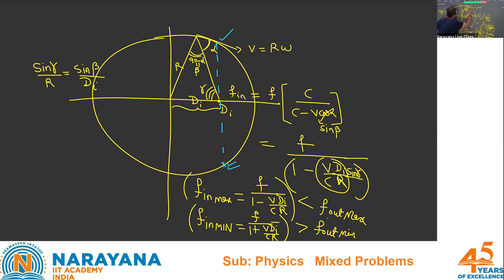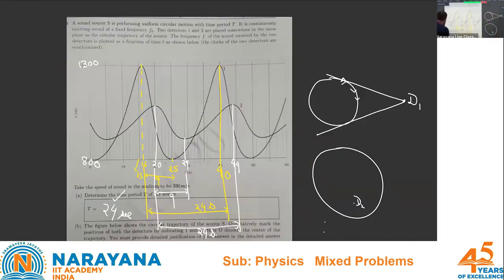If this is the position of max and this corresponds to the position of min, then from max to min there is a gap which is constant again and again, and max to max is a time period. So max to max in both cases is the time period. When he asks what the time period is, I'm convinced that the time period is 24 seconds.